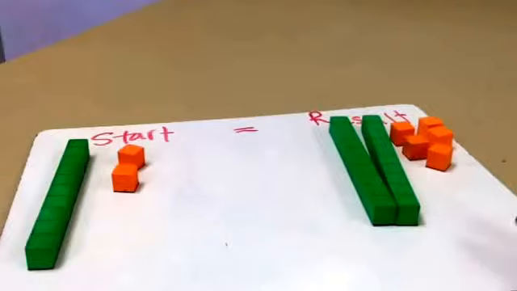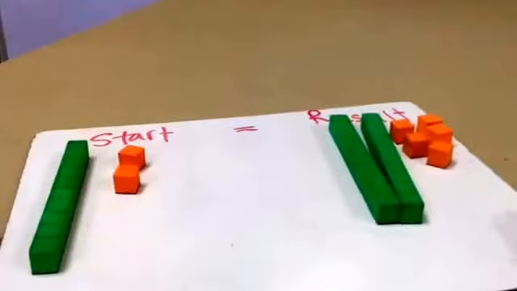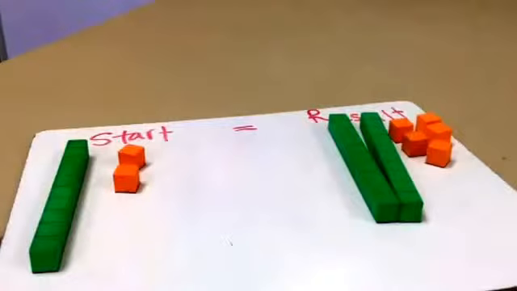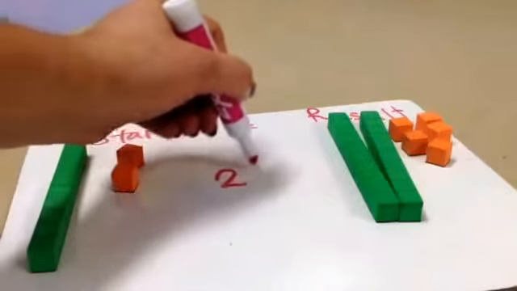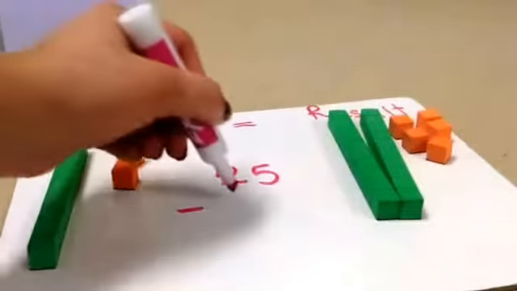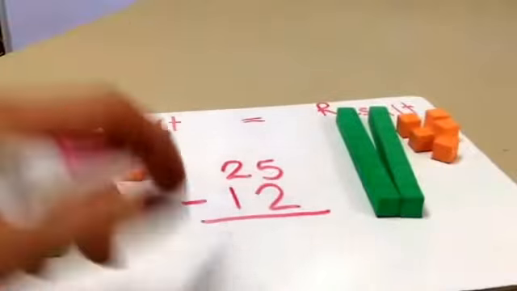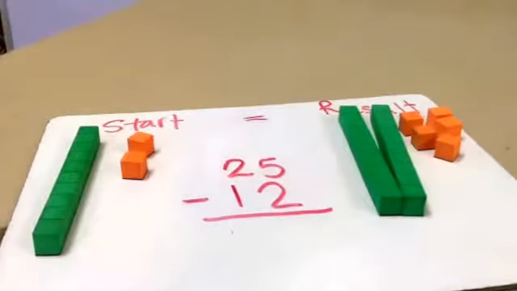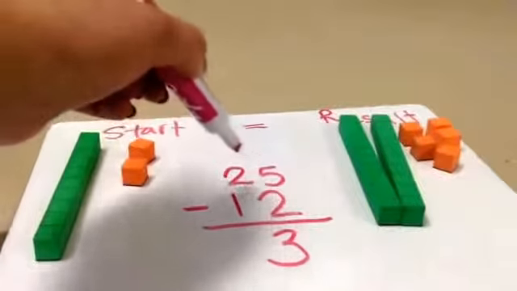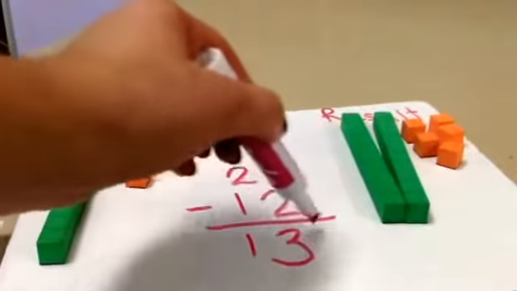From the result that we have, 25, we're going to take out 12, and that will show us how many pencils Kayla's friend gave her. So if we put over here 25 minus 12, we get 5 minus 2 is 3, and 2 minus 1 is 1.